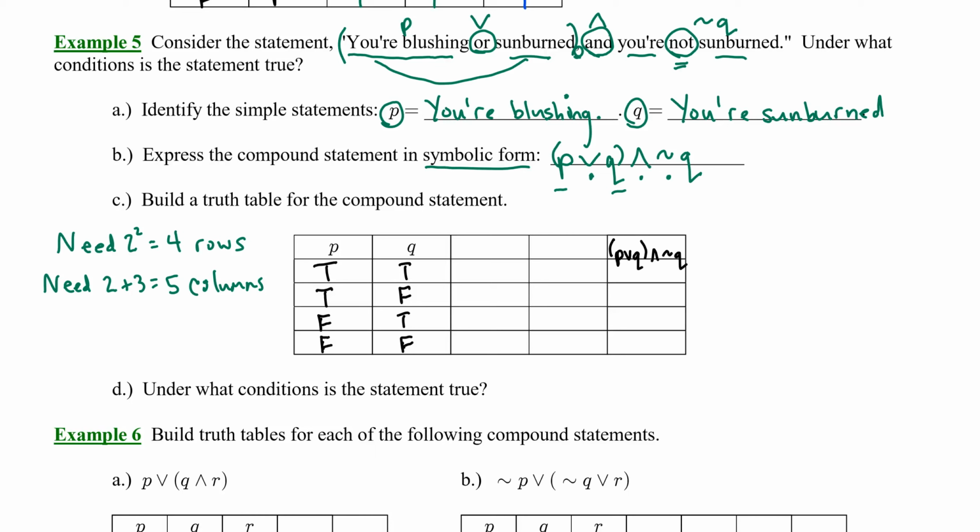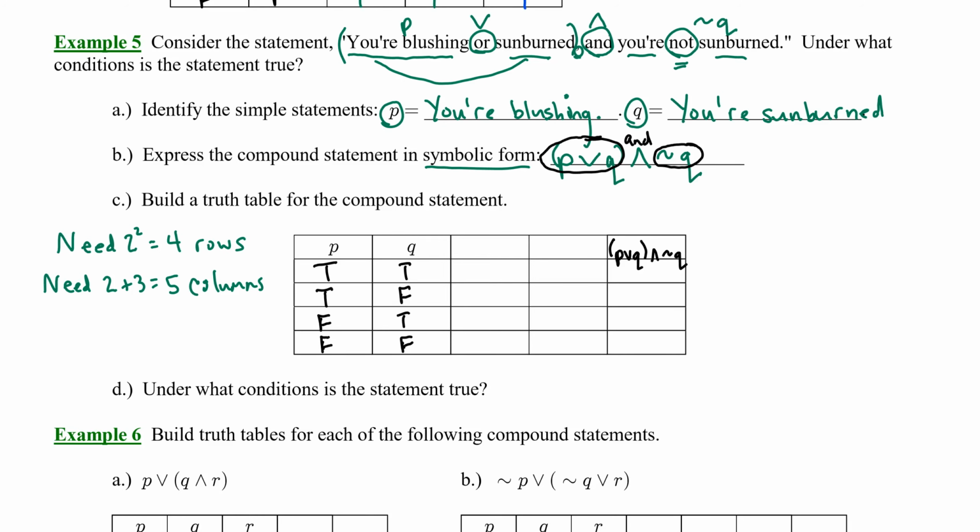Now, let's look at the structure of this compound statement. This compound statement is essentially a conjunction. We've got an and right here in the middle. In order to determine if a conjunction is true, I need to know what's the truth value of this statement on the left side of that and, and what's the truth value of the statement on the right side of that and.